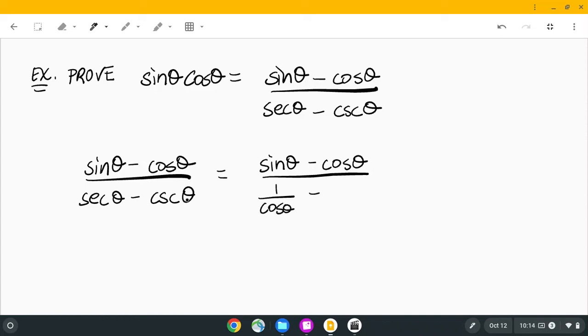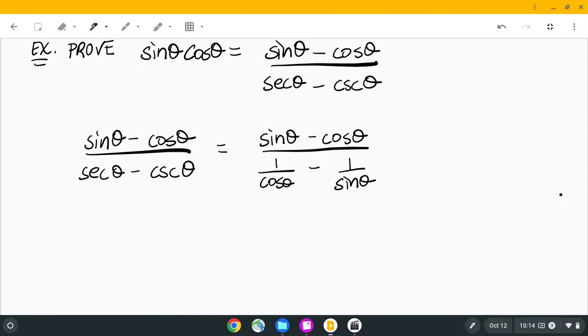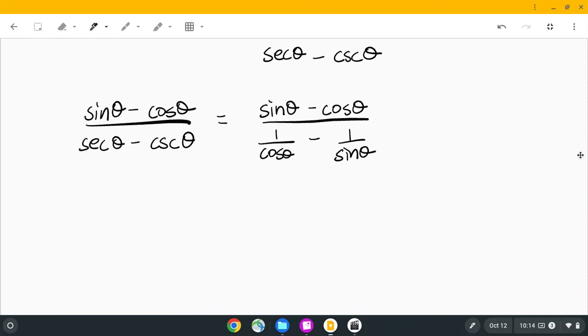And cosecant theta is 1 over sine theta. Okay, so now I'm going to multiply everything by cosine sine. Okay. And I'm going to do that because I'm trying to get rid of these fractions.